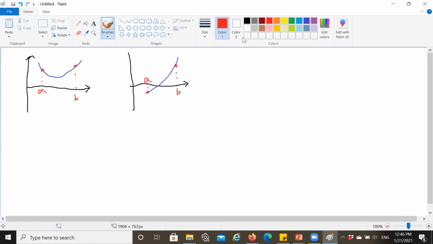Now, let me draw you the next case. In this case, let's say we have something like this, such a function, and let's again take A. This point is A and say this point is our B point.